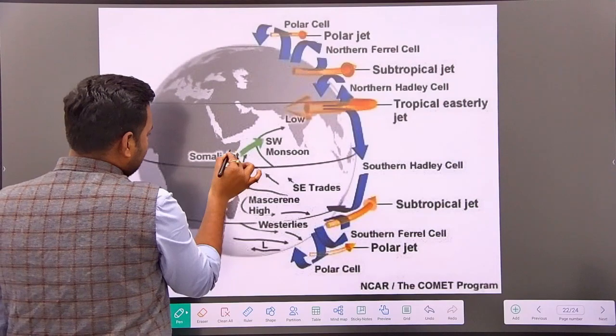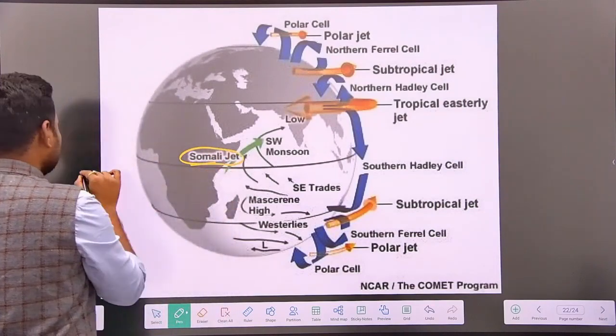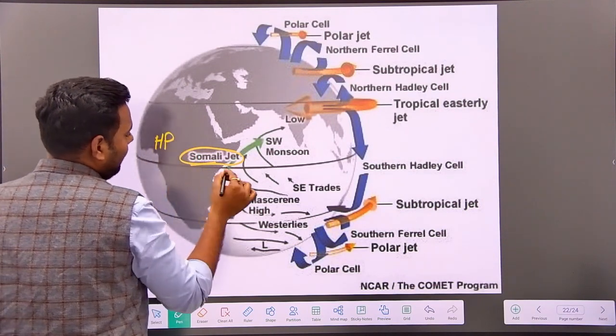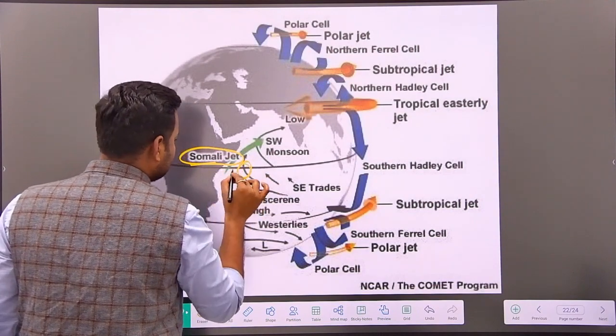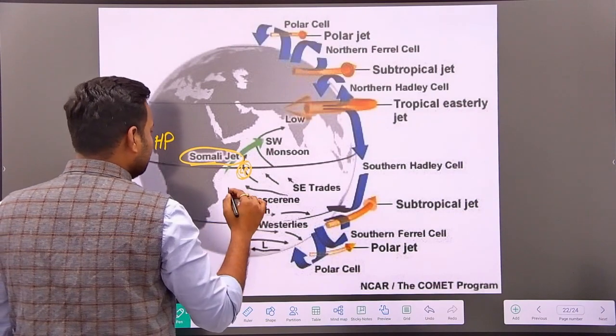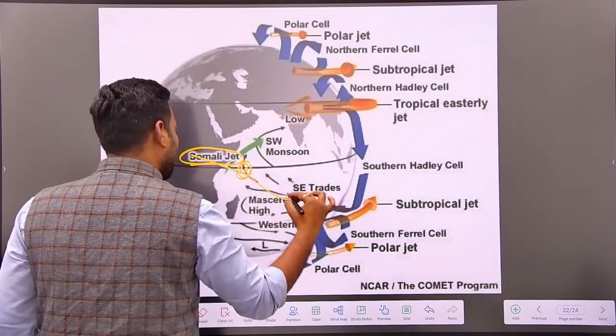Here, during the winter season, in the Somalian highlands there is a development of high pressure, and near Madagascar there is a development of low pressure. Due to this, the winds move from high pressure to low pressure, and it is strong.